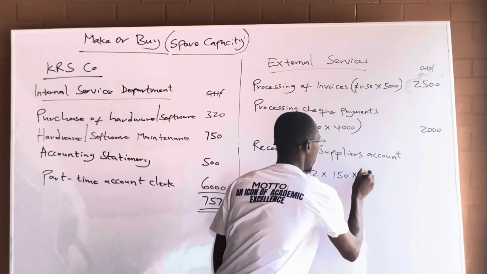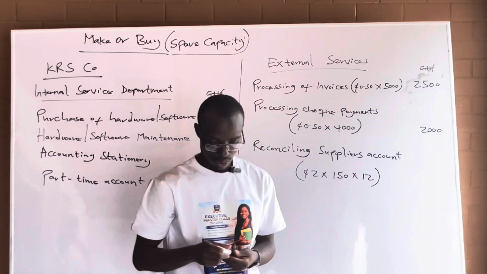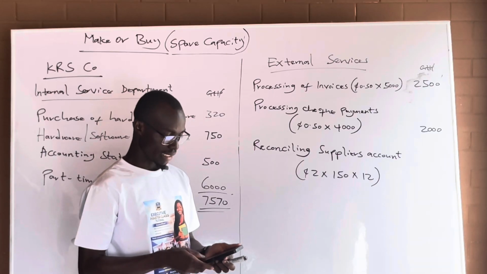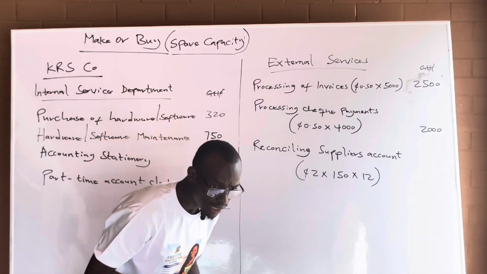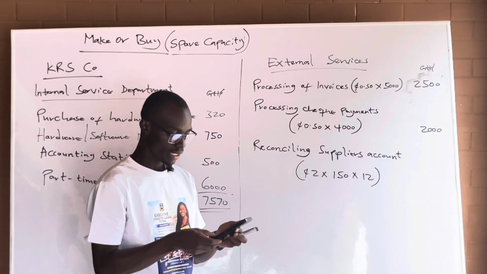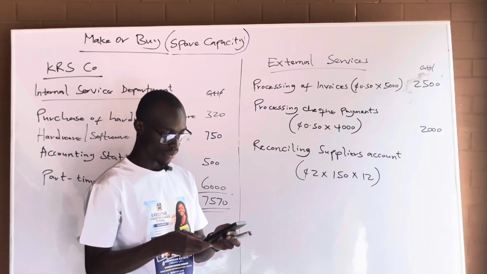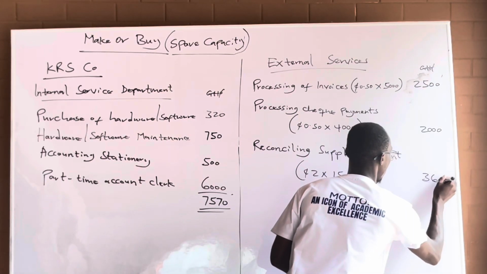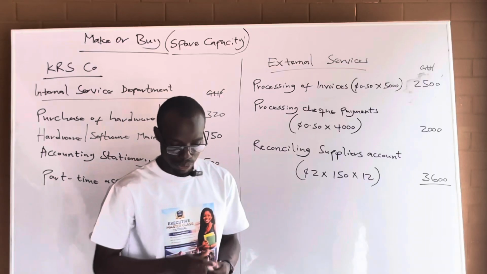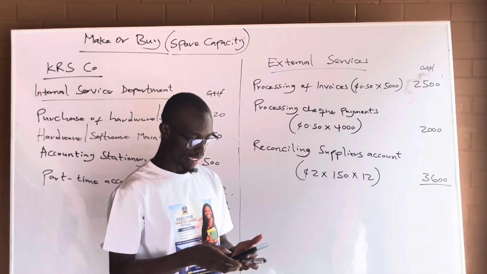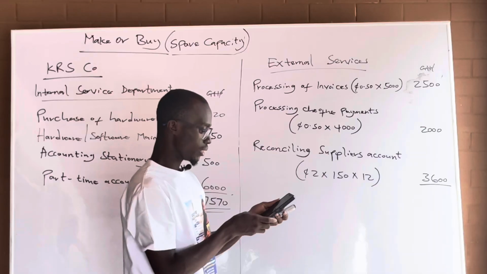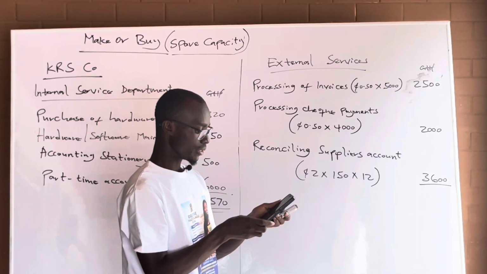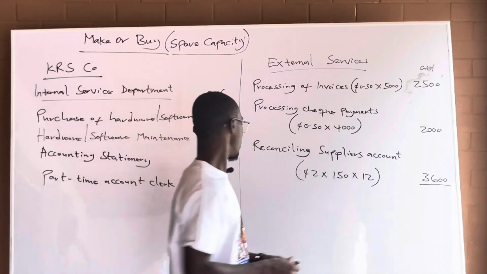So 2 Ghana cedis times 150 times 12 is also giving me 3,600. So let's add everything up to see the total figure: 3,600 plus 2,000 plus 2,500 is 8,100.